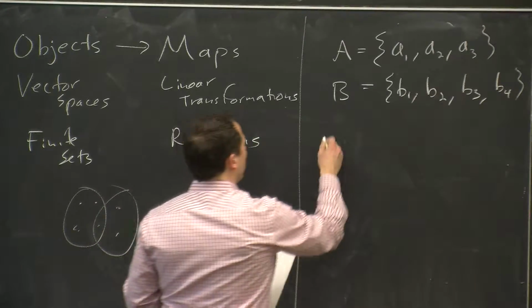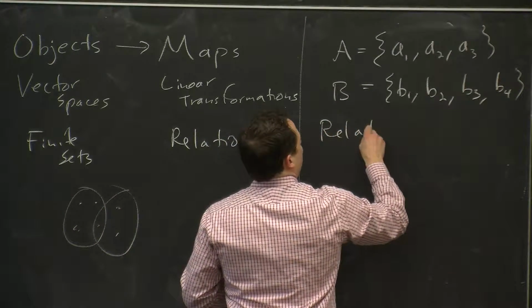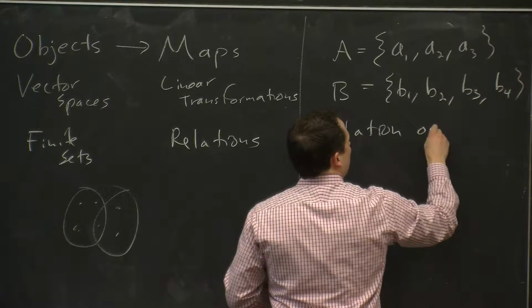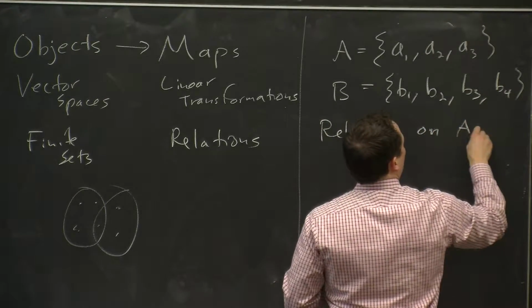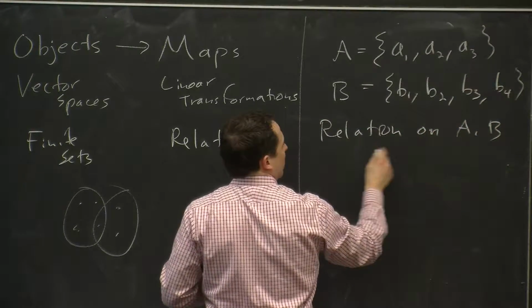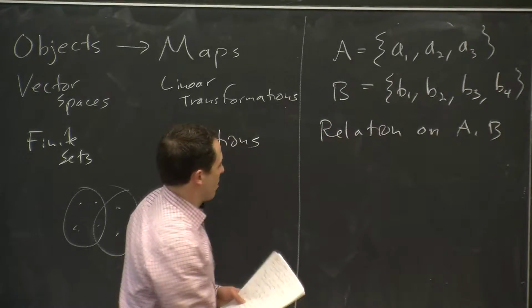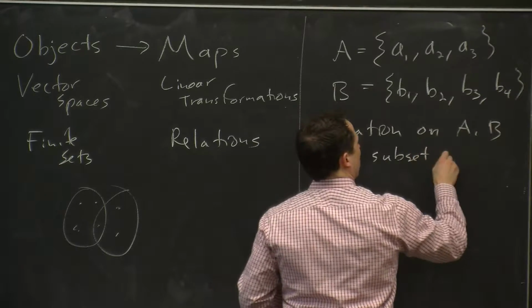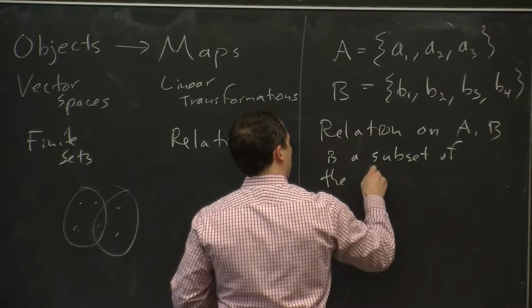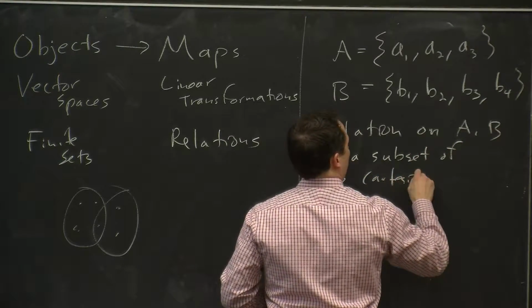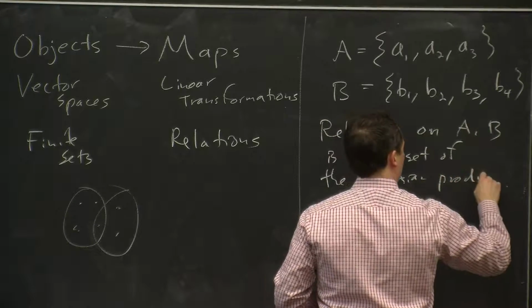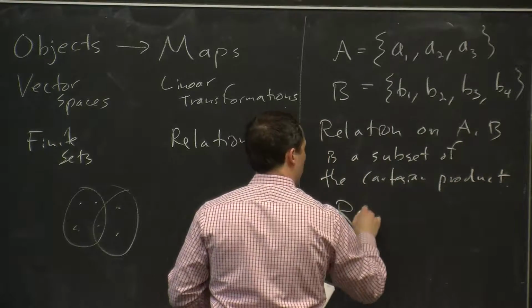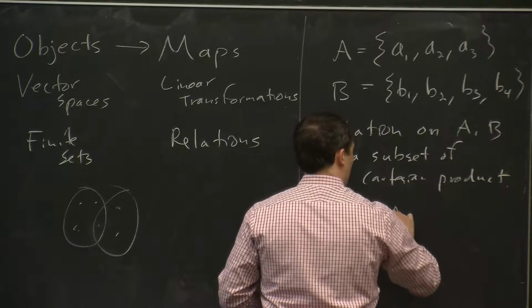So a relation, if you recall, on these sets, A and B, you can think about it as somehow connecting A and B, is just a subset of the Cartesian product. So R, a relation, is just a subset of A cross B.